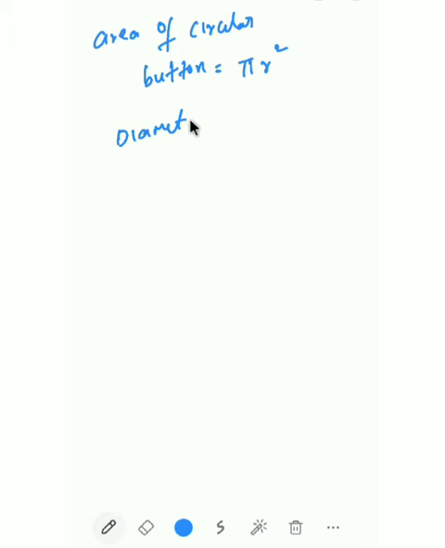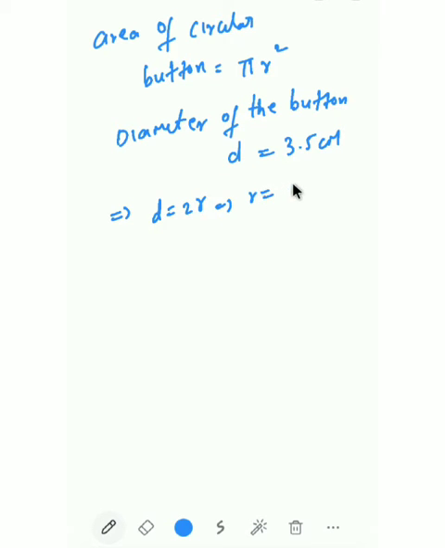Area of circular button: what is the formula? Area of a circle is pi r square. The given diameter of the button is 3.5 centimeters. d is 2r, so r is equal to d by 2.